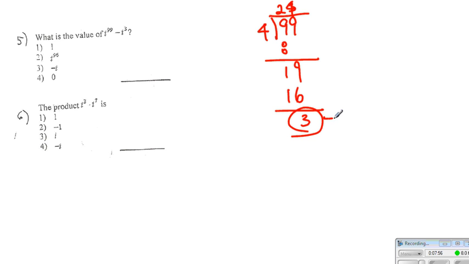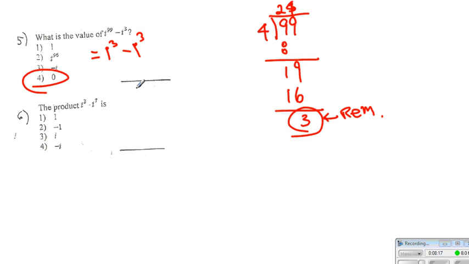Meaning the remainder is 3, that means i to the 99th power is in fact equal to i to the third power, minus the given i to the third power. Since we are subtracting the same value, we will end up getting 0, choice number 4.